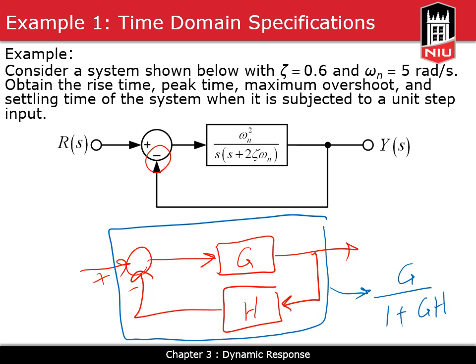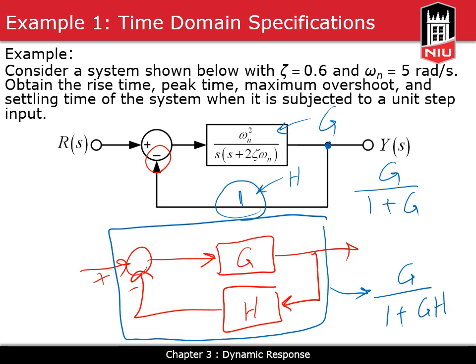If we compare this to the block diagram we have in this example, we see that G must be this transfer function here, and H looks like it's 0, but it's not, as we mentioned in the last lecture. H must be 1, because the signal that's being picked up at this point on the output is being multiplied by 1 and then fed back to the beginning. So H is 1. So the transfer function should be basically G over 1 plus G, where G is the transfer function inside the block.